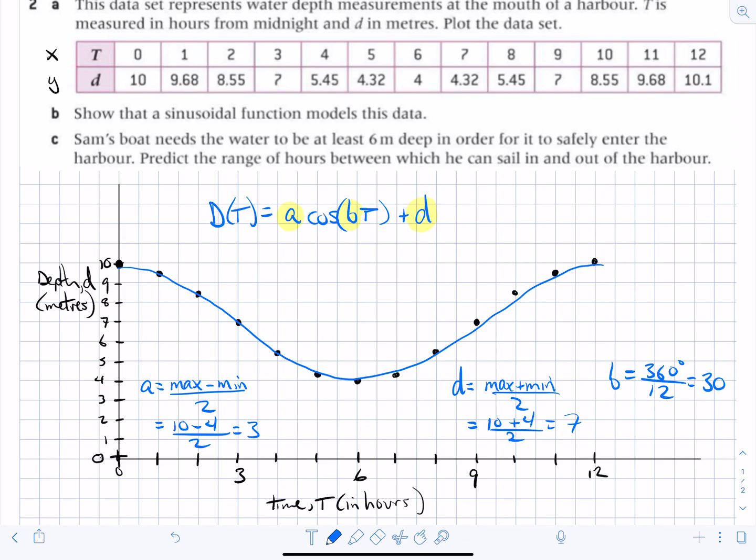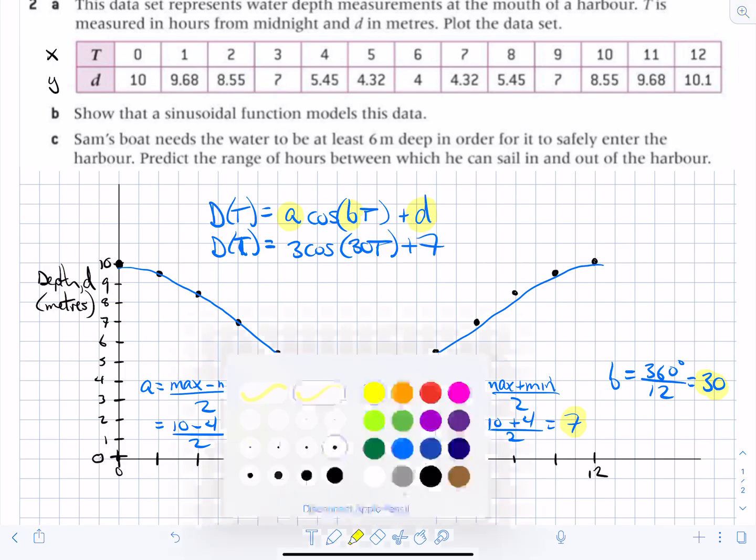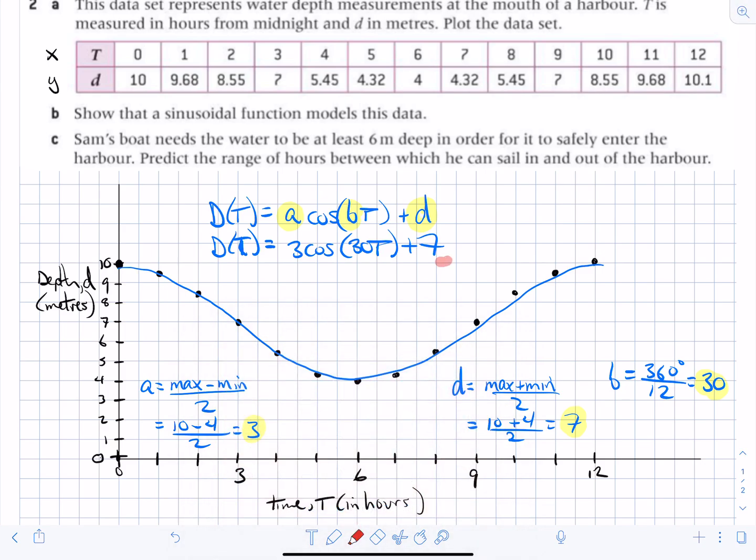So we've got all three of our values there. 1, 2, 3. So that means that D(t) is equal to 3 cosine 30t plus 7. And there it is. Let's give it a good, nice, bright color.